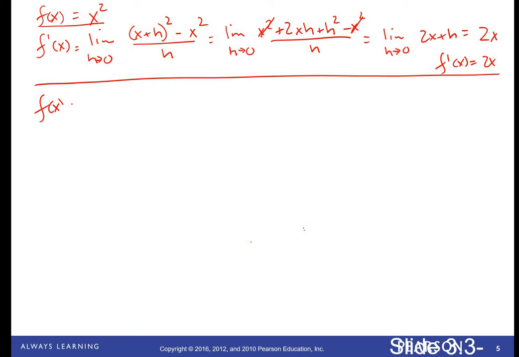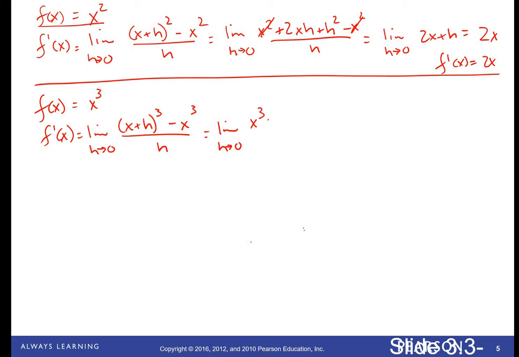We'll try another one. What if f of x is x cubed? Again, f prime of x will be the limit as h approaches 0 of x plus h cubed minus x cubed over h. That's my f of x plus h. Using foiling for my x plus h, I'm going to get x cubed plus 3x squared h plus 3xh squared plus h cubed minus x cubed over h.